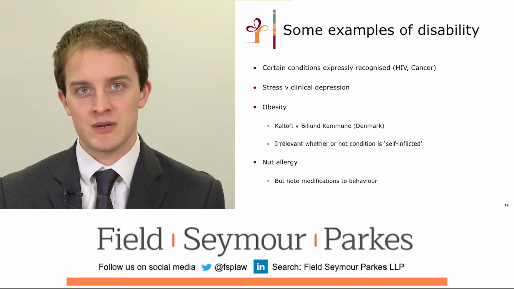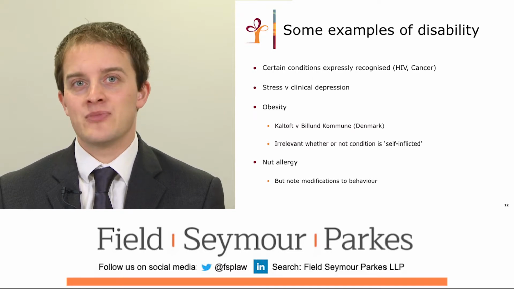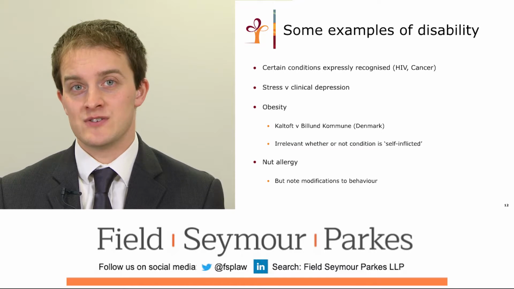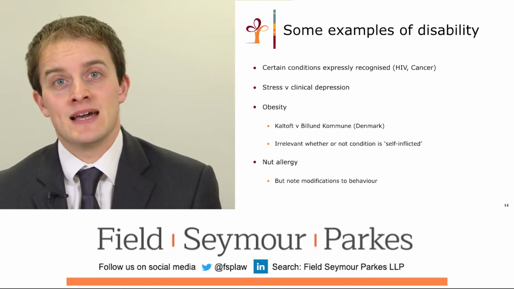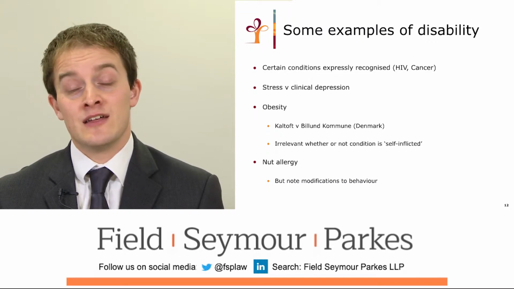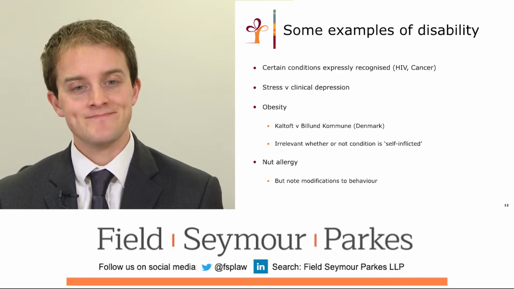So if somebody's obese because of just overeating and a poor lifestyle, that doesn't prevent them from benefiting from the protections that are afforded by the Equality Act and other legislation to disabled employees.